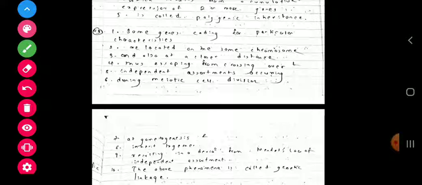So what is the definition? What is genetic linkage? Big definition. Some genes coding for particular characteristics are located on the same chromosome, and also at a closer distance. It's surprising, right?